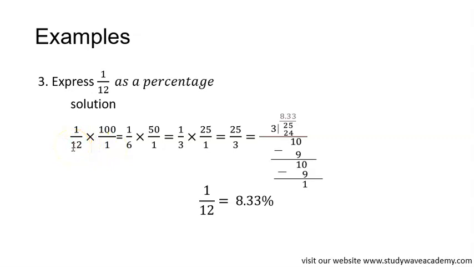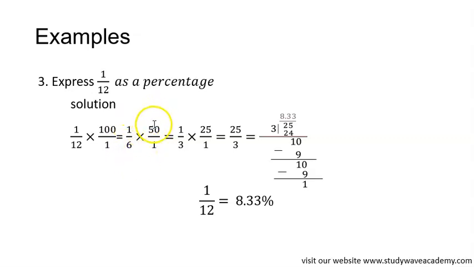We are going to be cancelling. What can divide 12 without a remainder and divide 100 without a remainder? Let's start with 2. 2 in 12 is 6 and 2 in 100 is 50. So here we have 1 over 6 times 50 over 1. Can this still be divided?